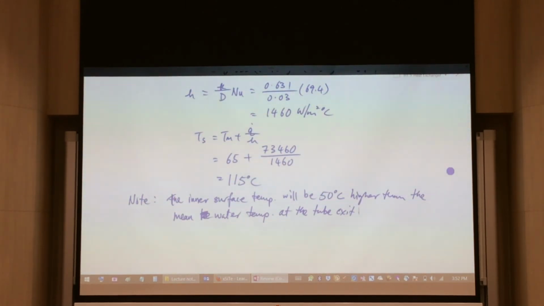So this temperature difference would remain constant throughout the fully developed fluid.